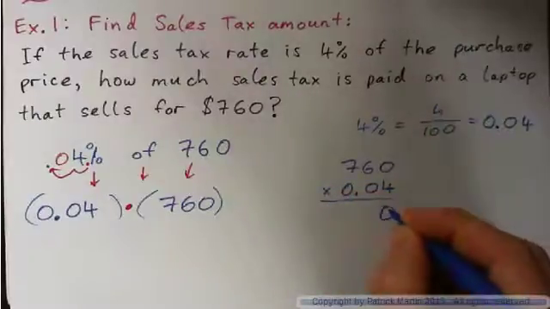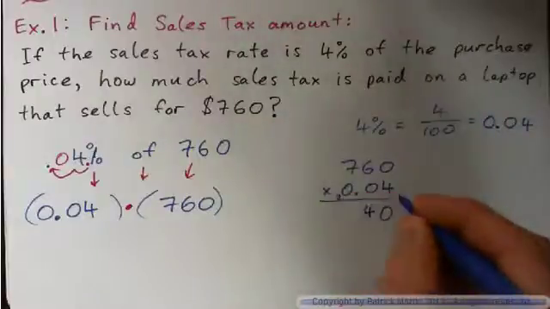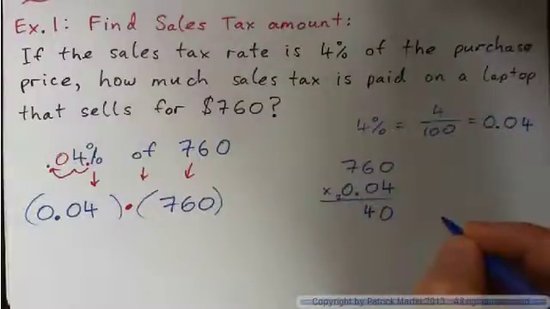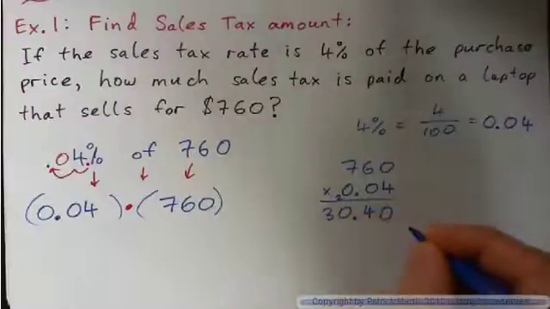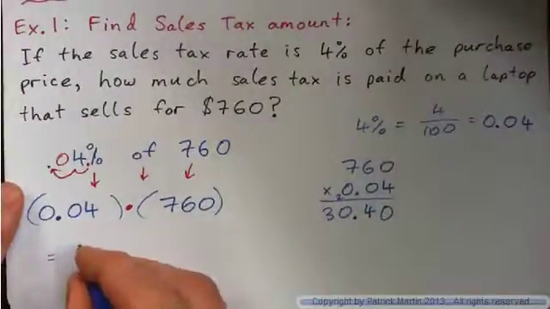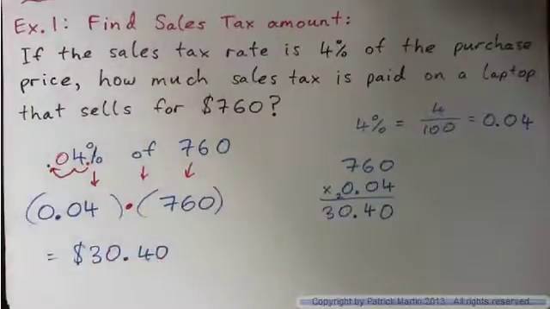Four times 0 is 0. 4 times 6, 24. Carry the 2. 4 sevens is 28, and 2 is 30. So we have $30.40, right?